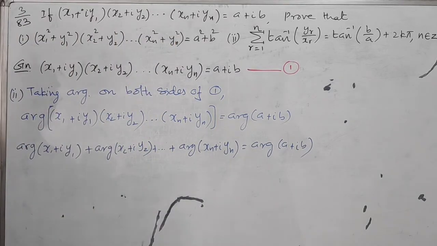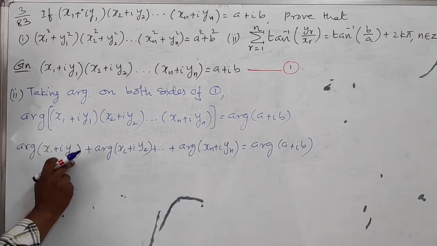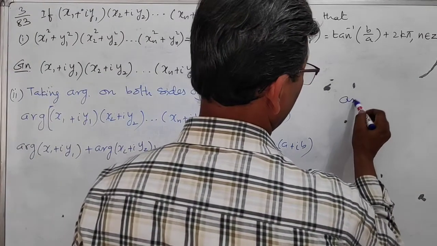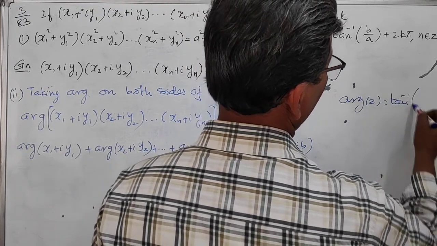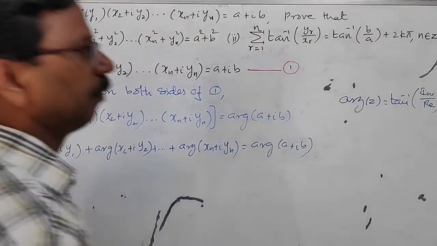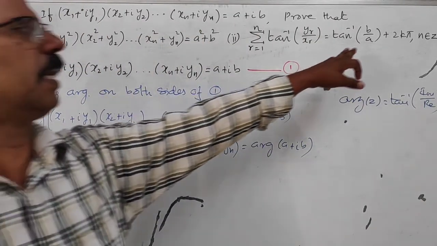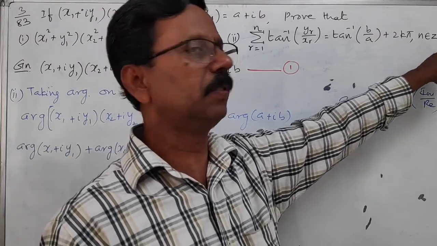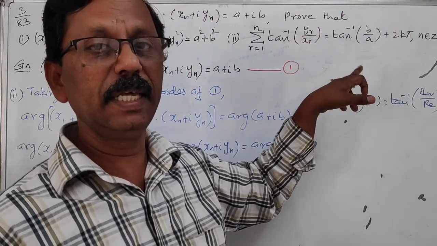Now after that, while taking the argument of any complex number, the formula is theta equal to argument of z equal to tan inverse of imaginary part by real part. But here, what is given? Tan inverse of b by a plus 2k pi, k belongs to z, which is nothing but the general solution.